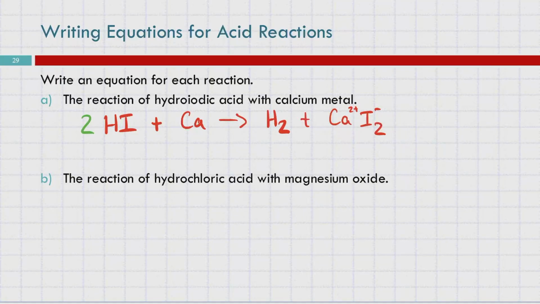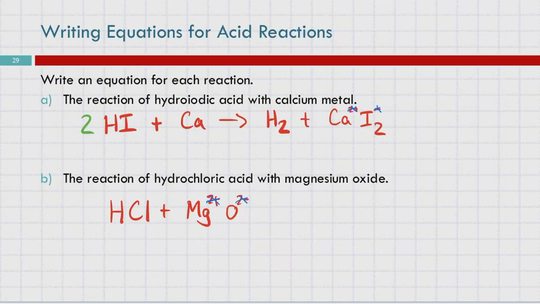In B, we have the reaction of hydrochloric acid, again with the hydro in front. So it's HCl, a binary acid. And we're reacting that with magnesium oxide. Magnesium forms a 2+ as an ion. Oxide is a 2-. Those are a 1-to-1, so it's just MgO. So the difference is now we have the oxide.